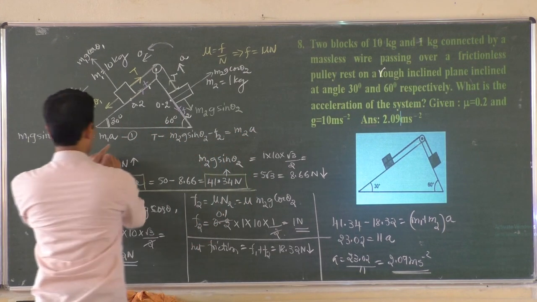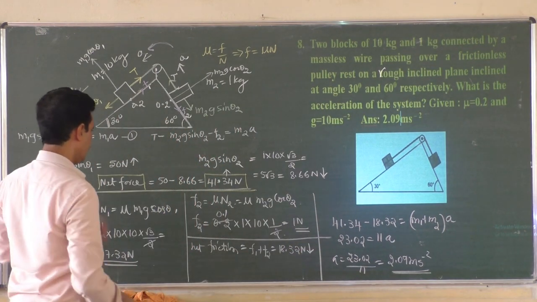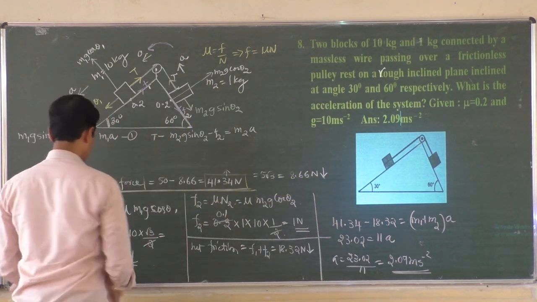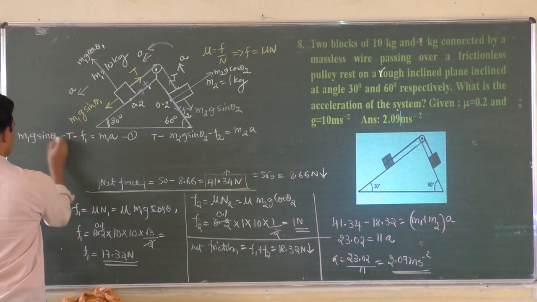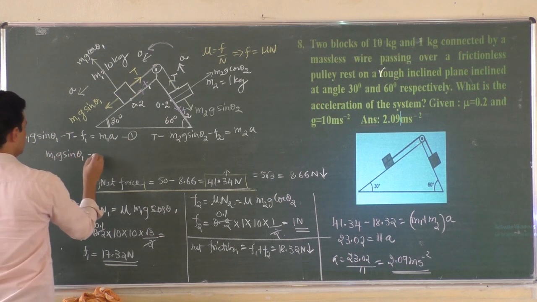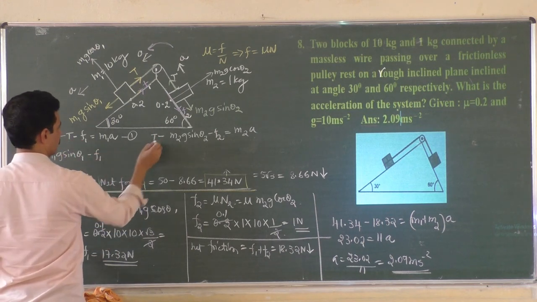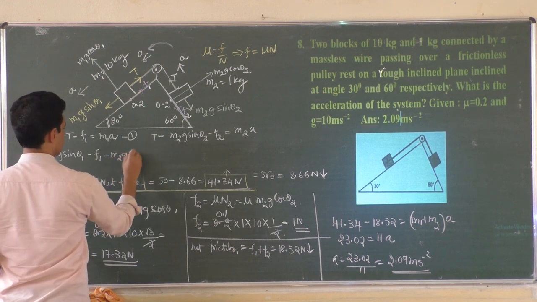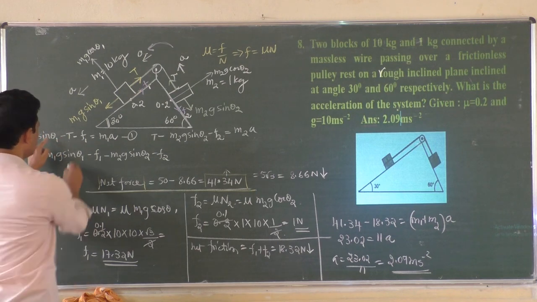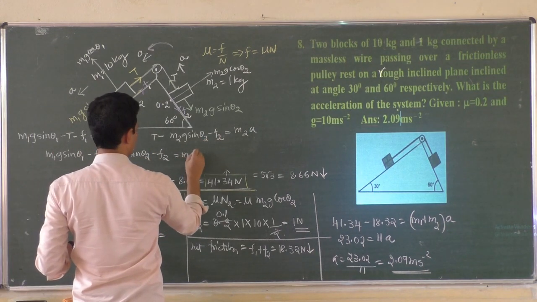When you club these two together, you get everything we have done here together. When you add them, what will you get? The final formula will be: m1g sin theta 1 minus f1, and here T and T cancel, minus m2g sin theta 2 minus f2, is equal to m1a plus m2a.